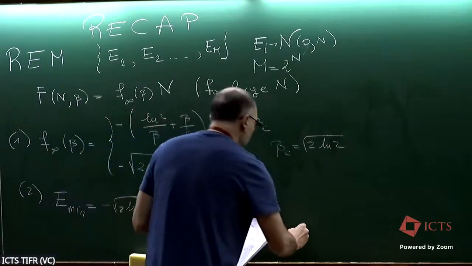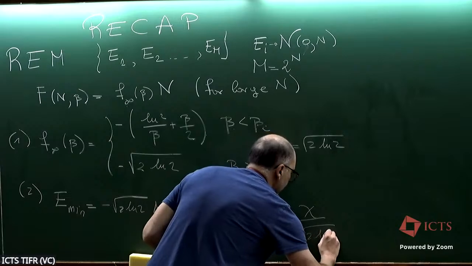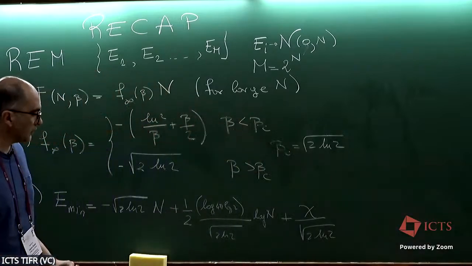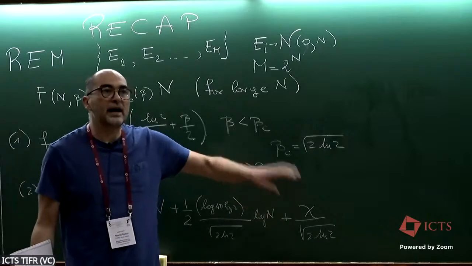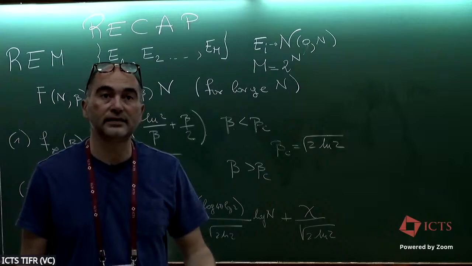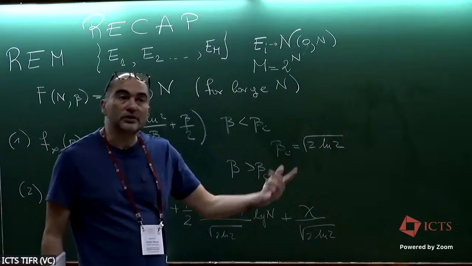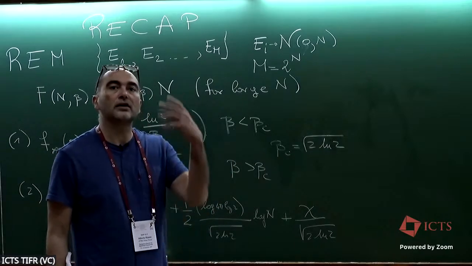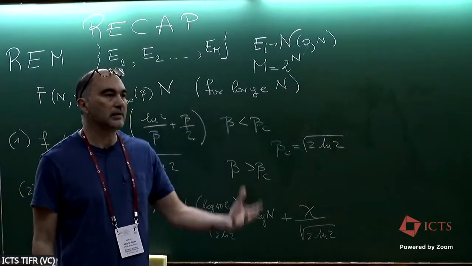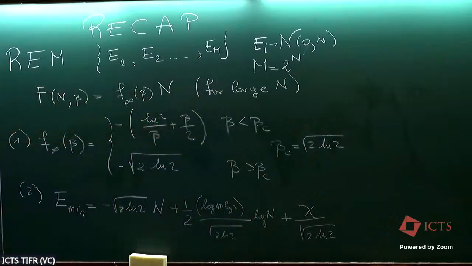And then we have a part which is fluctuating. This number chi is a number of order 1, and I showed yesterday that it was Gumbel distributed, okay? And the fluctuations are of the order 1. We said this is very important. We will see that this will characterize the glassy phase, okay? So essentially, these are the two results we had yesterday.